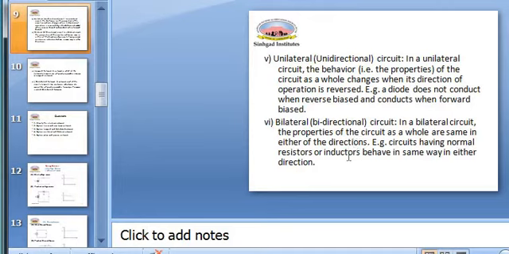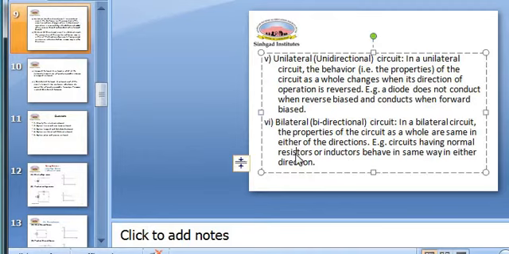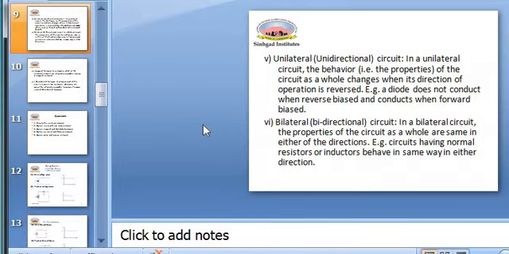Inductor is also one example which works in both directions. Here in your syllabus we are dealing with only resistor for this particular unit. So resistor will be a bidirectional circuit element. When a network contains a resistor, such a network is called a bilateral network or bilateral circuit.